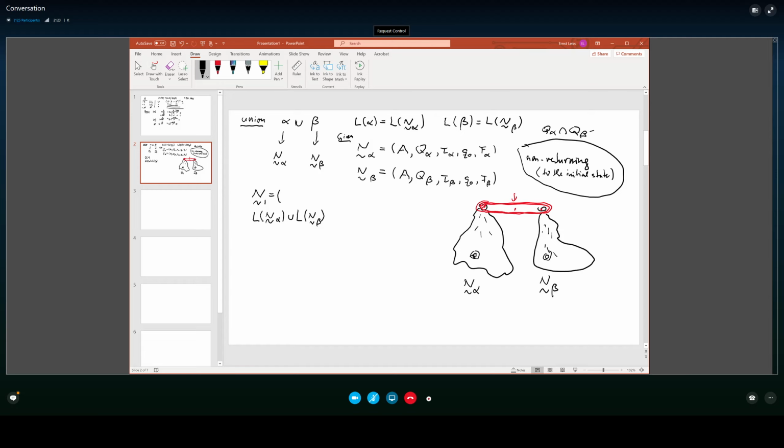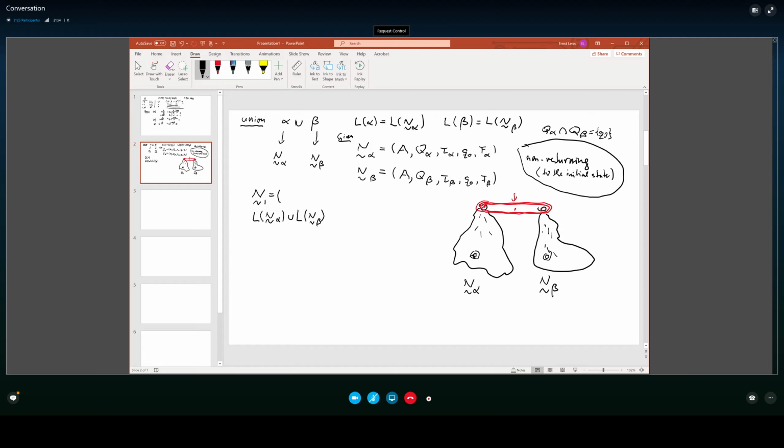So that simply means that the only thing these two sets of states have in common is that initial state Q0, which is not going to be a problem because the automata are non-returning. So once you've left the initial state, you can never go back to it. And so if the two automata actually have the initial state in common, there's not a whole lot of harm done.